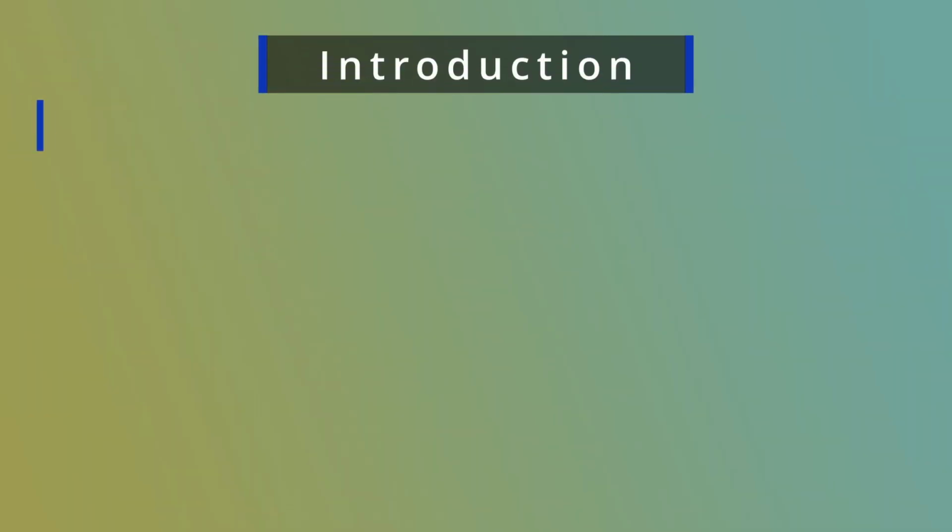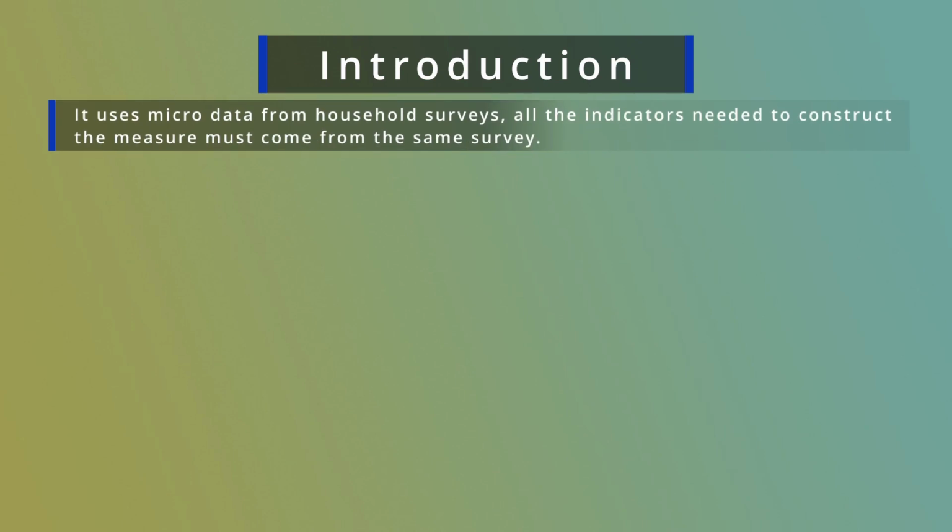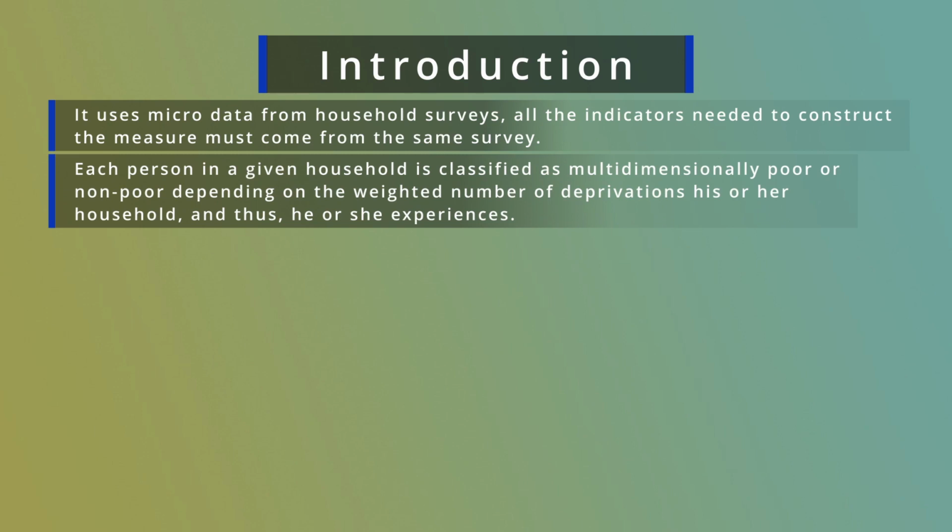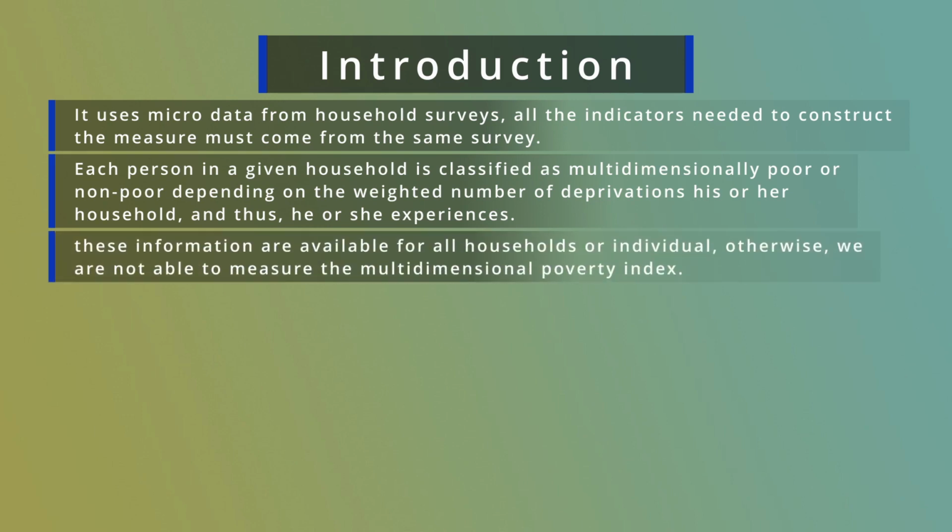The basic features of this index relate to the dimensions considered to measure multidimensional poverty. In this measurement, they have considered 3 dimensions: education, health, and standard of living. These 3 dimensions also consist of a number of indicators, and this information must be available for all households or individuals.